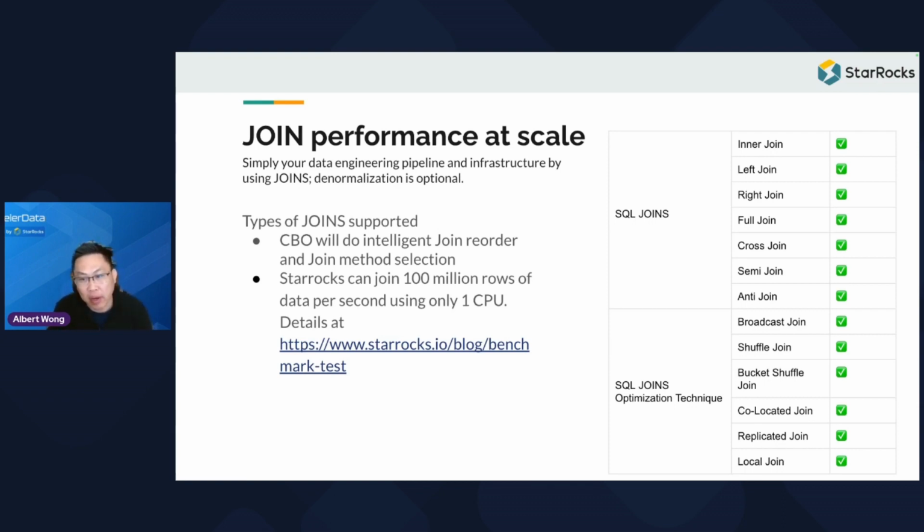One of our biggest things out in the marketplace is that we have the most join algorithms of any single open source database. And that's why when you do joins within StarRocks, you'll see that we're much faster than other open source projects.